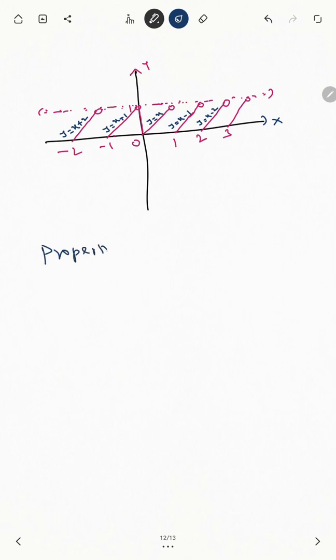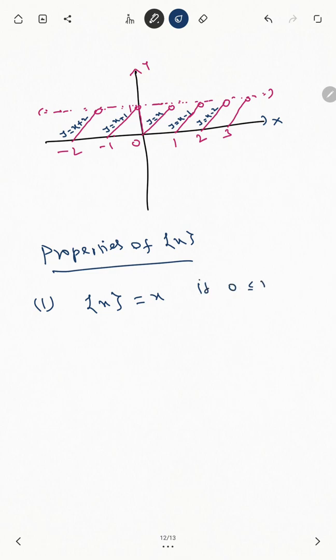Next, properties. Properties of fractional part of x. First one, fractional part of x is equal to x if x lies between 0 to 1.